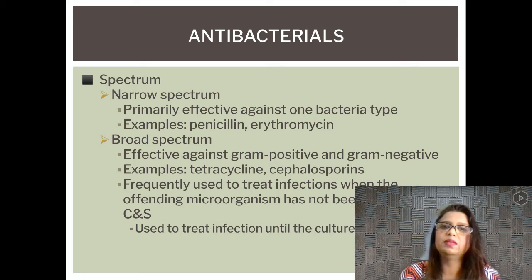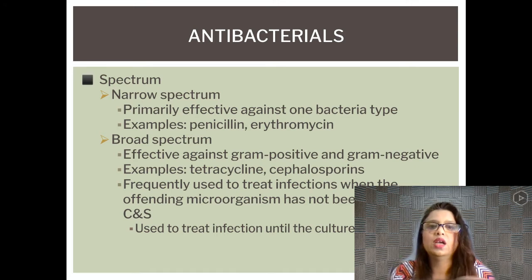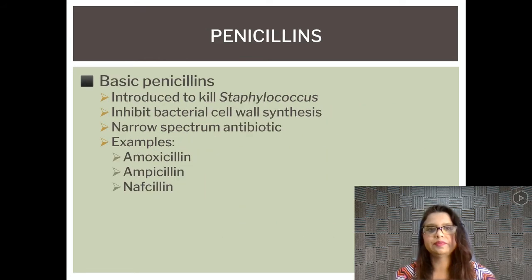Narrow spectrum means a smaller amount of coverage, such as erythromycin, which could be given only for, let's say, tonsillitis or throat infection or a specific kind of infection, and they're not very effective on all kinds of infection. Basic penicillins are introduced to kill Staphylococcus, which is a very strong infection that could cause severe infection. Some of the penicillins are amoxicillin, ampicillin, and nafcillin.